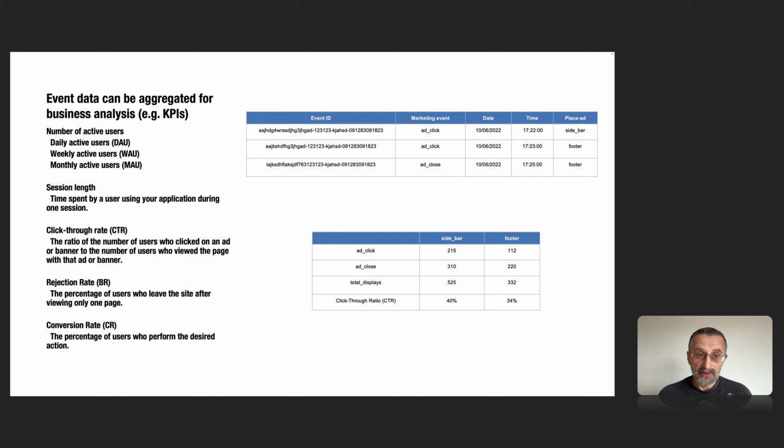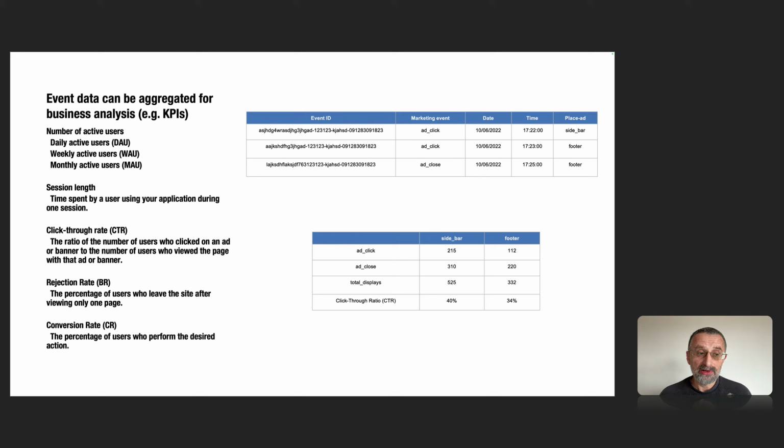Event data can be aggregated for business analysis, like key performance indicators, KPIs. So whenever you or your business user finds in their business intelligence dashboards numbers like number of daily active users, DAU, or weekly active users, or monthly active users, they are always aggregations.